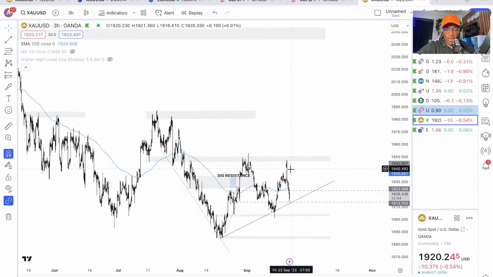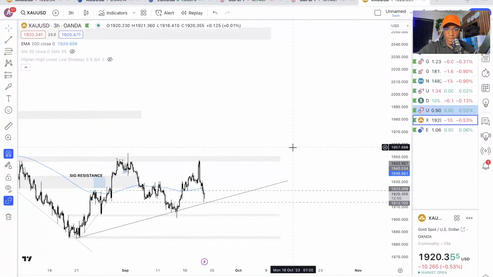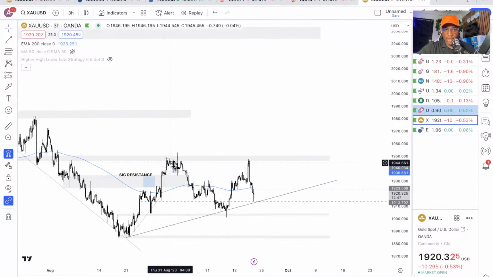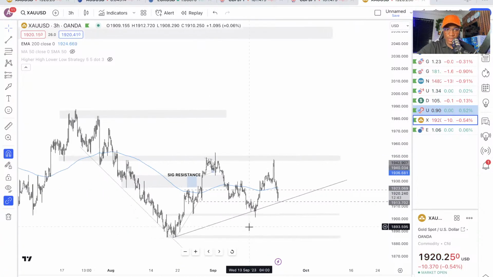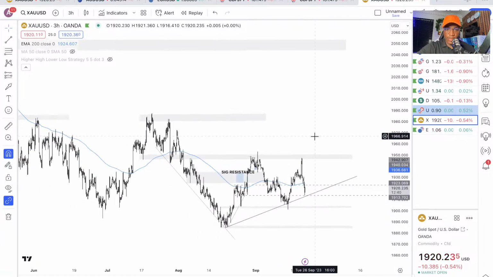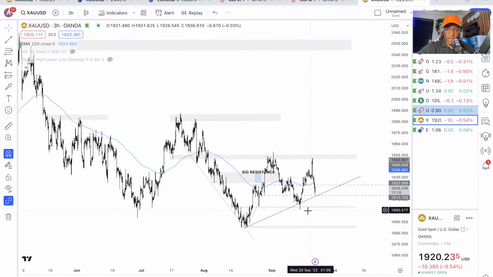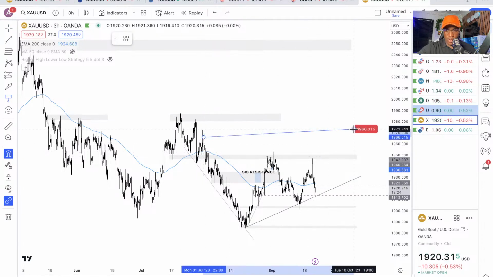But yeah, remember, key levels are very important, guys. Very important. Because the market likes to move like a magnet. So as it moves, you already have your key levels where you expect the market to react. If it moves to the top side, then we're headed for this level.